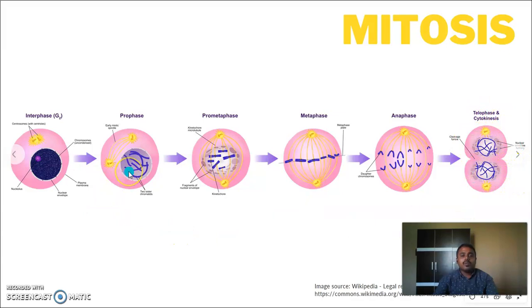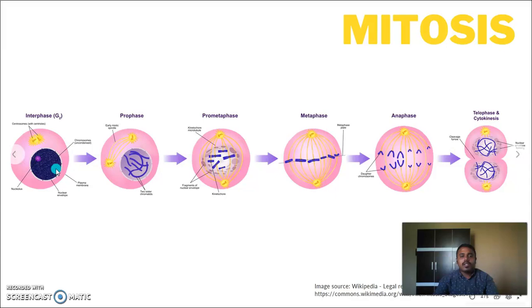So first, prophase. In prophase, inside your nucleus, the chromosomes are there, but initially they will not be visible to the eye. You could see here the difference between this image and this image. Here it's in a decondensed form. Decondensed means it is like a very large coil of thread-like structures.